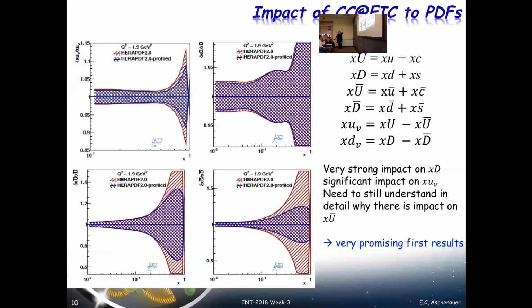Remember the big error bars which it has at the high x? I'm not quite sure how well it really constrains. But your point is well taken. Also, all data has to be included. I completely get it. So that's why I say very promising first result and not final result. It's just to show that the EIC can really do something.